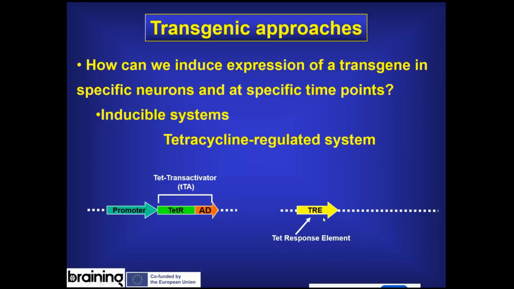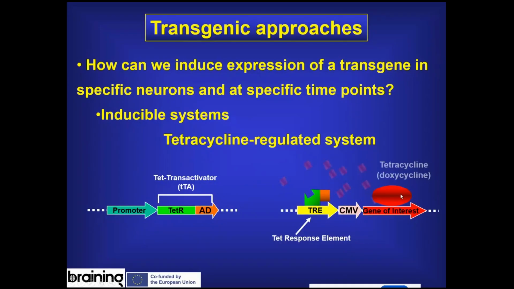On the other hand, we can have the DNA sequence called TRE, the TET responsive elements, which will be bound by this transactivator, a strong ubiquitous promoter to boost the transcription, and the gene of interest, the transgene that we finally want to express. So what will happen? In certain cells, thanks to this promoter, the TET transactivator will be produced, which will bind to the TRE and will trigger the expression of the gene of interest.